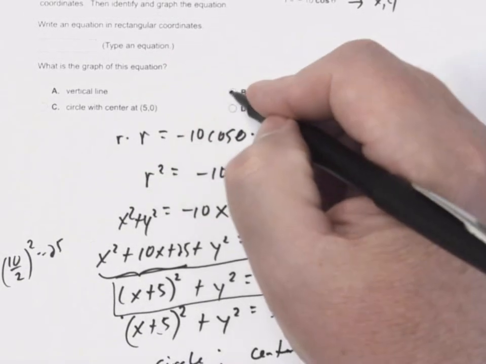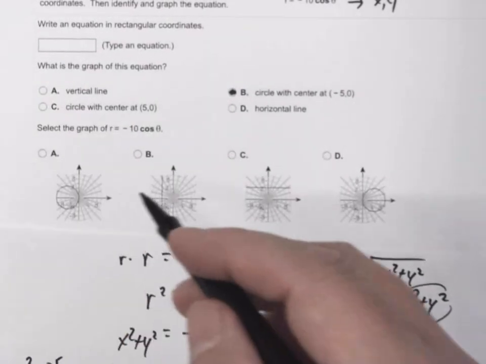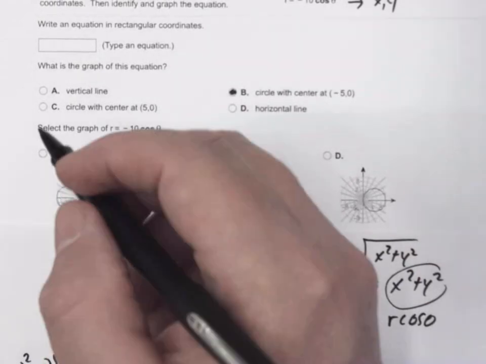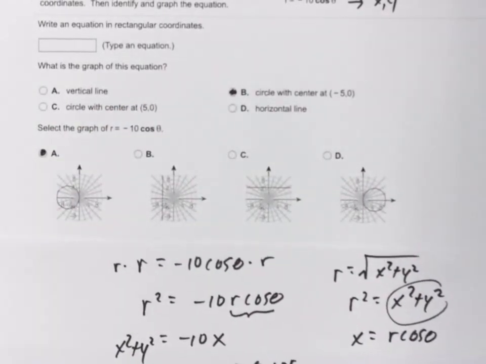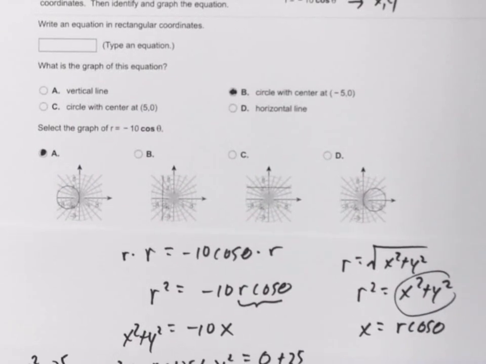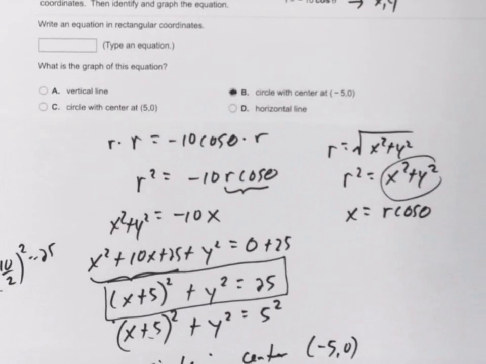So it would be B right here. And then it looks like A would be the actual graph. All right, the last one's a little tricky, but sometimes they'll give you those.